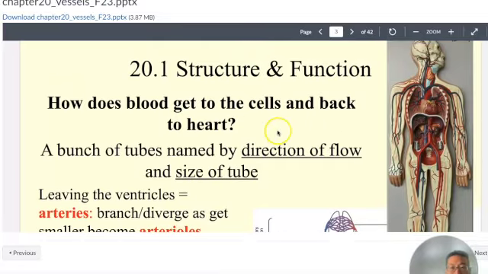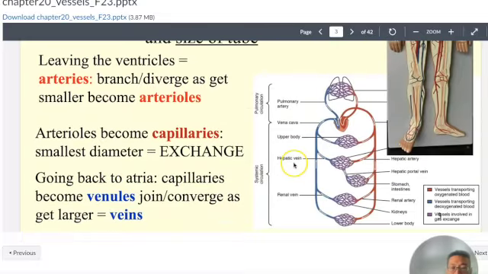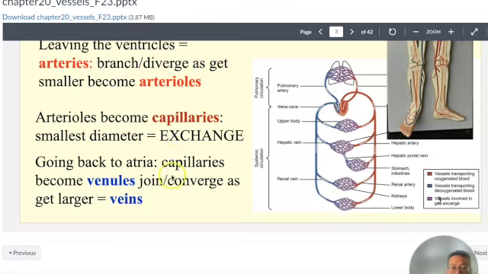How does blood get to the cells and to the heart? And we saw these. So they also have names for big arteries and small arteries and things like that. So big arteries are called arteries, okay, leaving the ventricles. And as it gets smaller and smaller, it becomes arterioles. Arterioles become capillaries, where they are the smallest diameter, where exchanges occur.